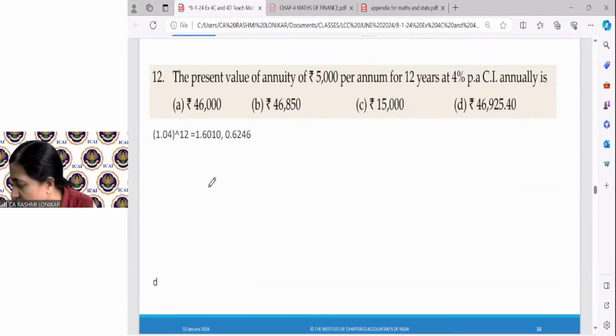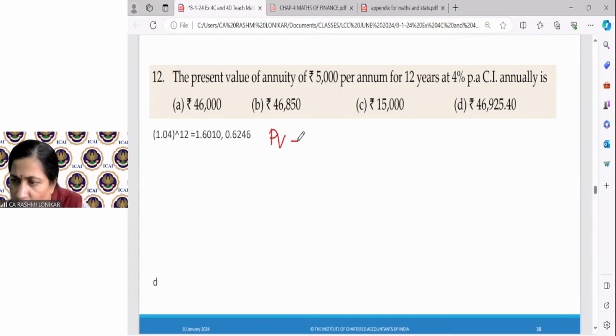The 12th question here is the present value of an annuity of 5,000 per annum for 12 years. So what are they asking you to find out?